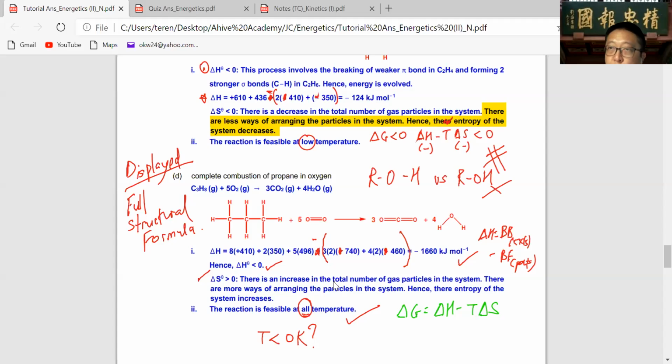Okay, so if you want to push the envelope a bit further, then you ask me, is it possible it can be negative 3 Kelvin, negative 4 Kelvin? Technically, yes, but you cannot burn something in negative 3 Kelvin oxygen. Doesn't make sense. So you must understand, when we say at all temperature, that means at any temperature above 0 Kelvin. We are not looking at the negative Kelvin because that is too low already. The temperature is too low. It's probably below the freezing point of some of these substances here. Like for example, water.